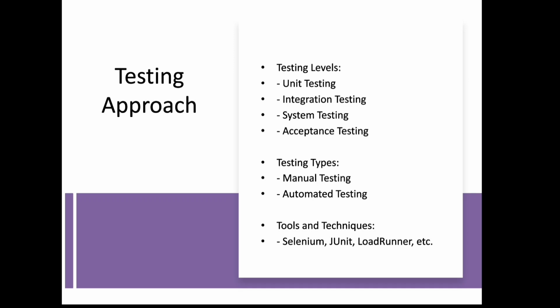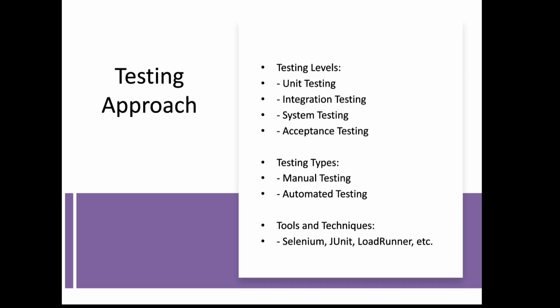Then we do functional testing, and then system testing, where we check the control flow and end-to-end scenarios. Once that is done, we do acceptance testing from the customer's point of view. Sometimes acceptance testing is done by the customer, the end user or the business analyst team. Sometimes we also do acceptance testing on behalf of the customer.